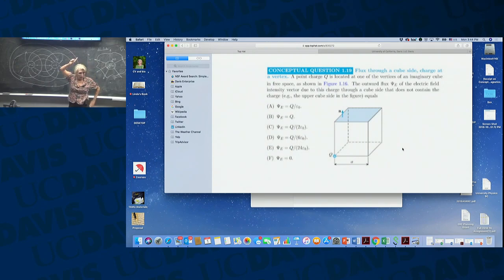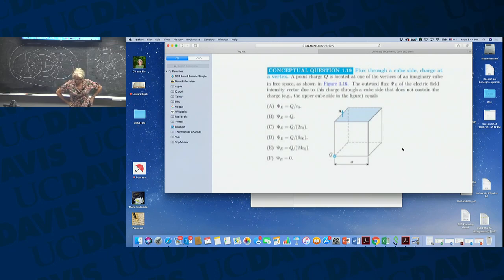Meaning, if this is an imaginary cube and that charge is at this corner, how much of the flux is going to go through the surface, which means that if you integrate D, which is the flux density produced by this charge Q, how much of it is going to go through the shaded surface, and it shows all the different possibilities.